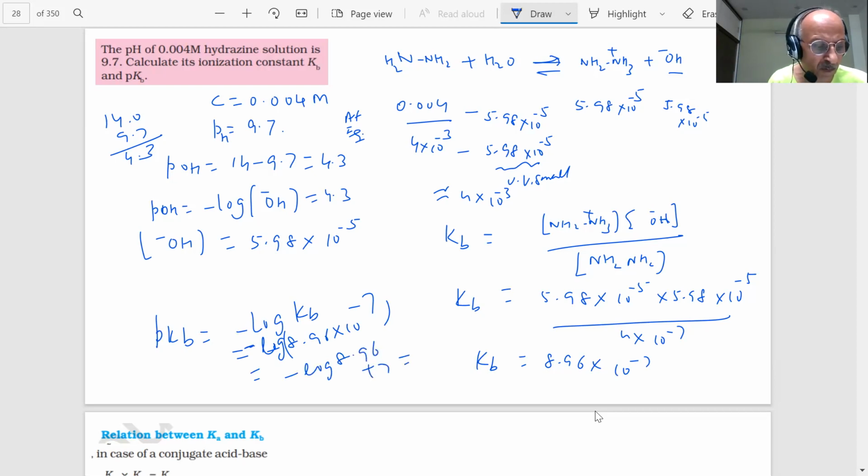So this value we have to find out. Students, how much is this value coming? 6.04. 6.04 is the pKb.